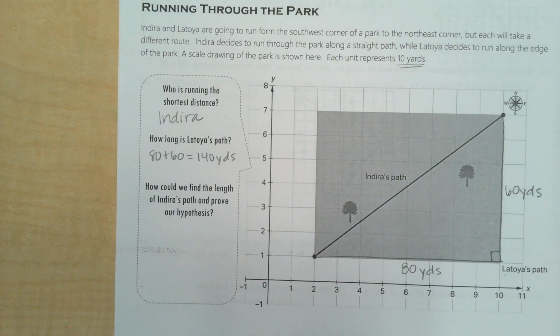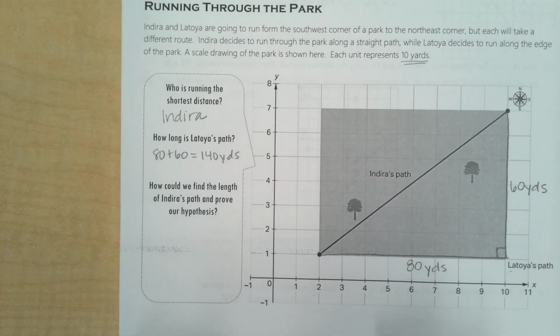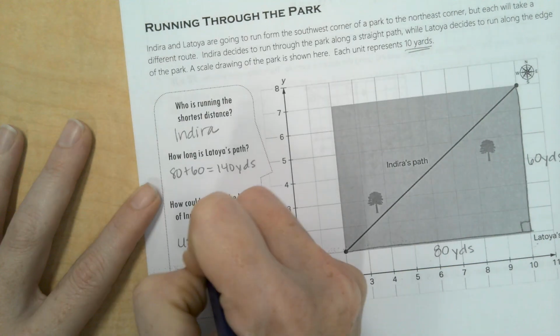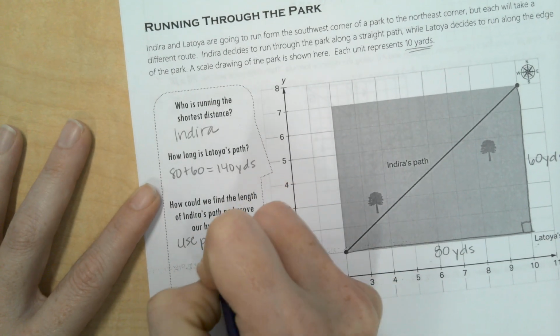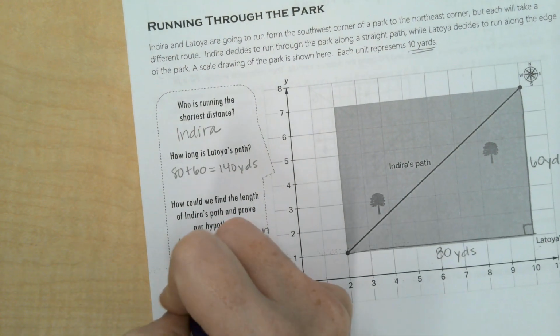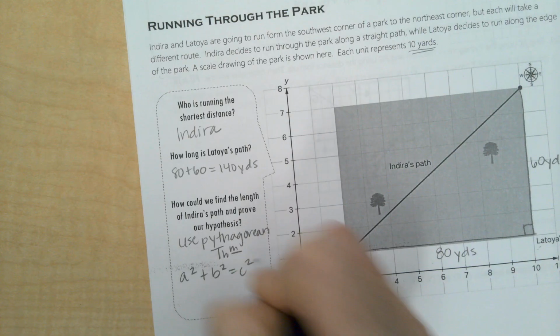Now, if we didn't have a right triangle, could we use the Pythagorean theorem? No, good. Pythagorean theorem is only with a right triangle. So we are going to use the Pythagorean theorem. Remember that the Pythagorean theorem is a squared plus b squared equals c squared.